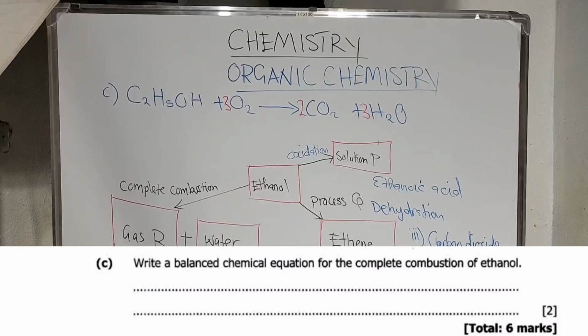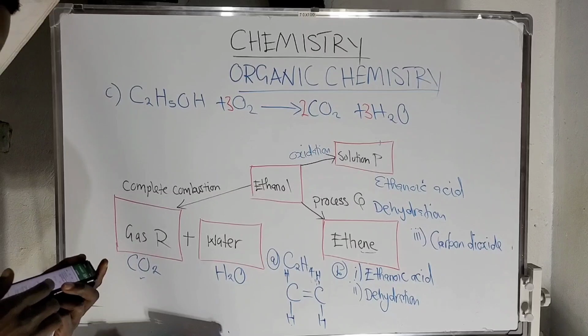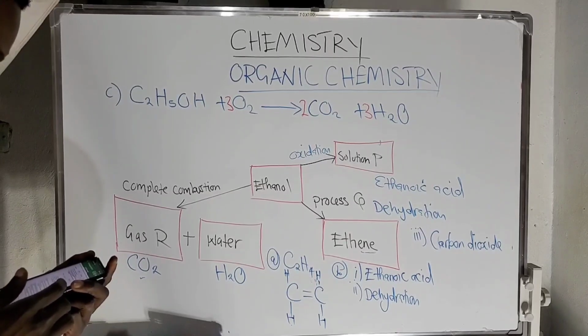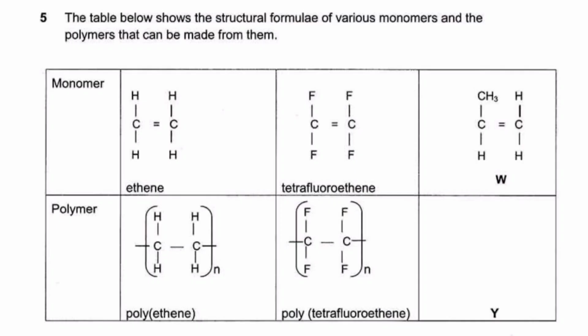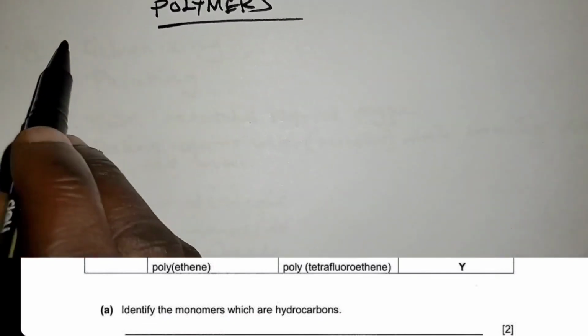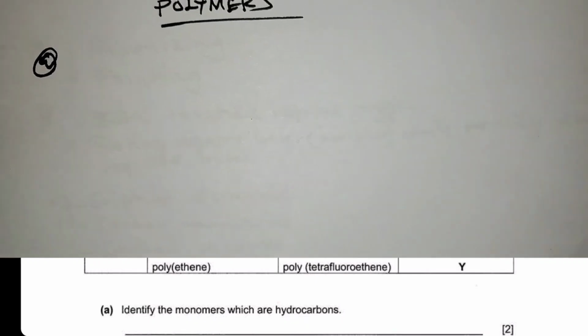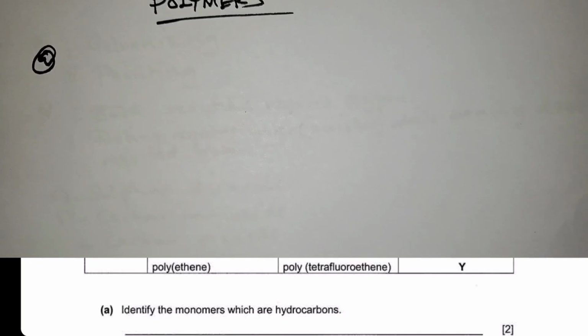So let's go to the next question, which is section C, question C3, which is 10 marks. Guys, let's revise polymers using this examination question. The question reads, the table below shows the structural formulae of various monomers and the polymers that can be made from them.